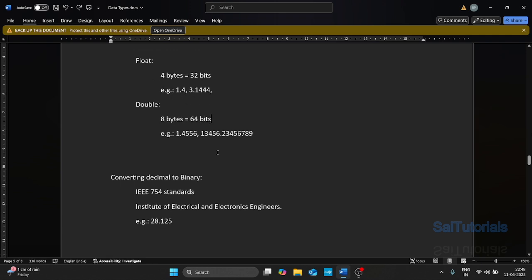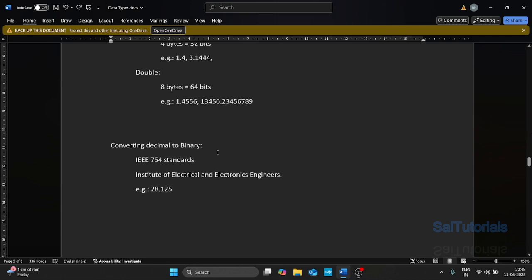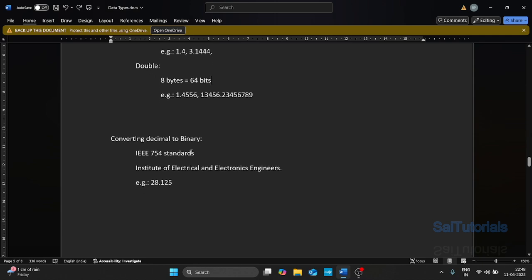So now we will see how we need to convert the decimal number into binary, and how we can store that binary in the memory architecture. For that, we have some standards. Why do we need to follow these standards? Because for a normal number, we can convert the number into binary and store it in bytes.